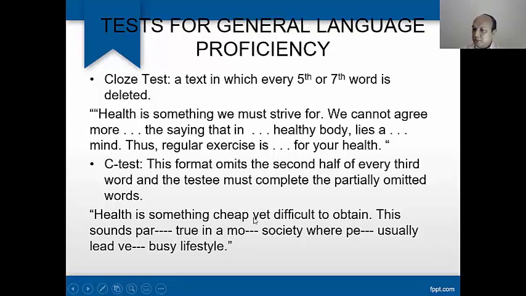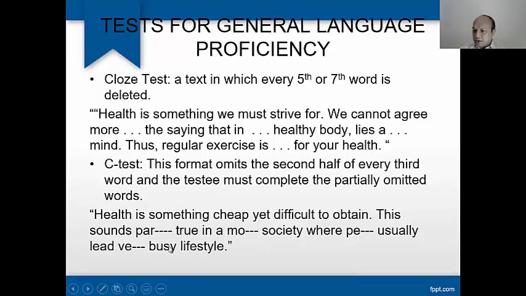Health is something cheap yet difficult to obtain. Usually the first sentence is presented in full, as a whole. But beginning from the second sentence, there are some missing words.